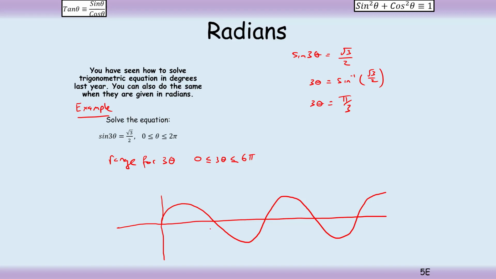So that's pi, 2 pi, 3 pi, that's 4 pi there. Okay, so we've got a solution at pi by 3. So root 3 over 2, that's 1, that's minus 1, and this is our sine curve here.